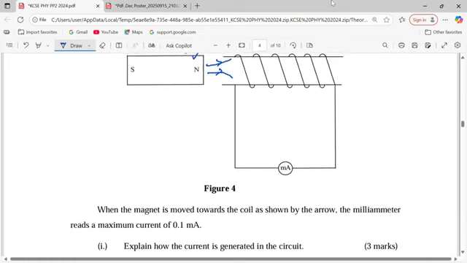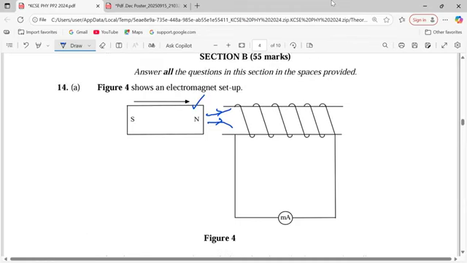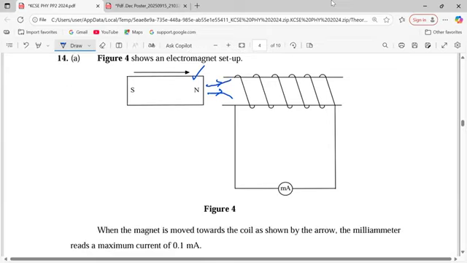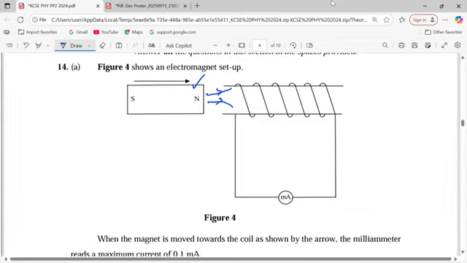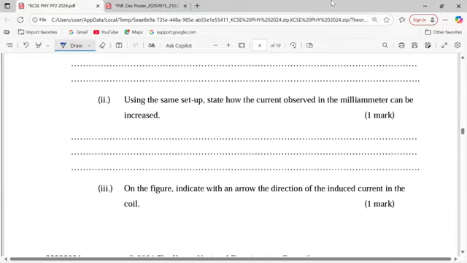So we can increase the current. Remember, we are told to use this setup. There are very many factors that can lead to an increase of the current produced, one of them being using a stronger magnet. But now that we are supposed to use this setup without changing the apparatus, then we can talk about using a higher speed, or moving in the magnet at a faster rate.